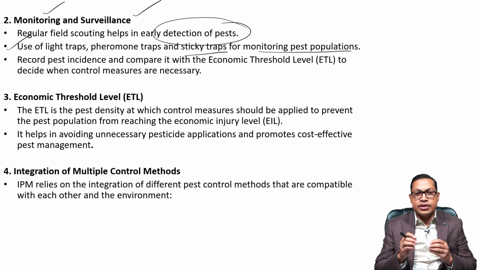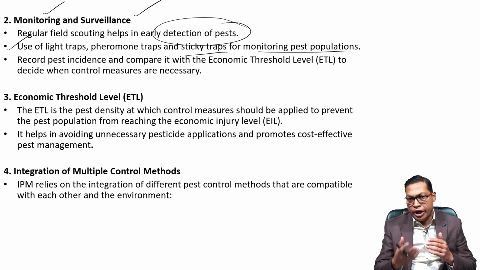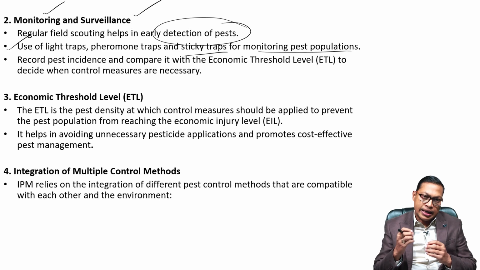It is an environmentally suitable mechanism, where we are not using any kind of insecticides, just putting lights in the form of different traps in a particular growing area, so that the female or male insects can be attracted towards the light and they will be caught in that particular trap.